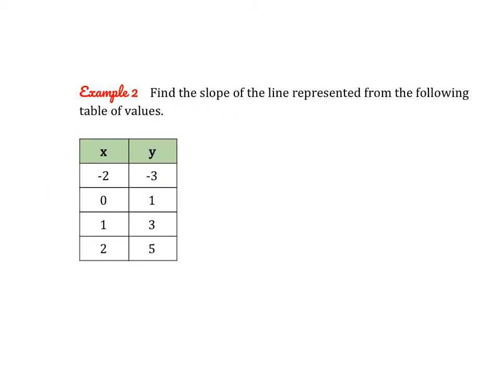All right, let's try another one together. So let's look at our table of values and see if we can determine the change in y. Let's go from here to here, and then the change in x on the same 2 rows. So from 3 to 5, my change in y is +2, and from 1 to 2, it's 1. So delta y over delta x is 2 over 1, which gives me a slope of 2.